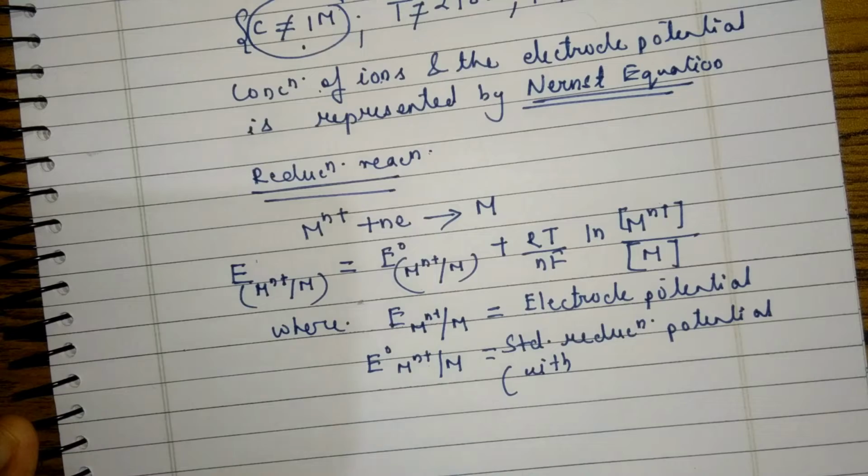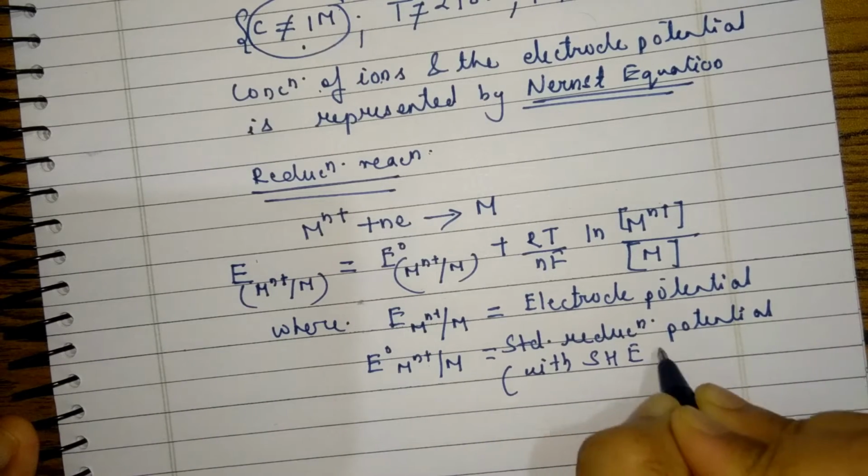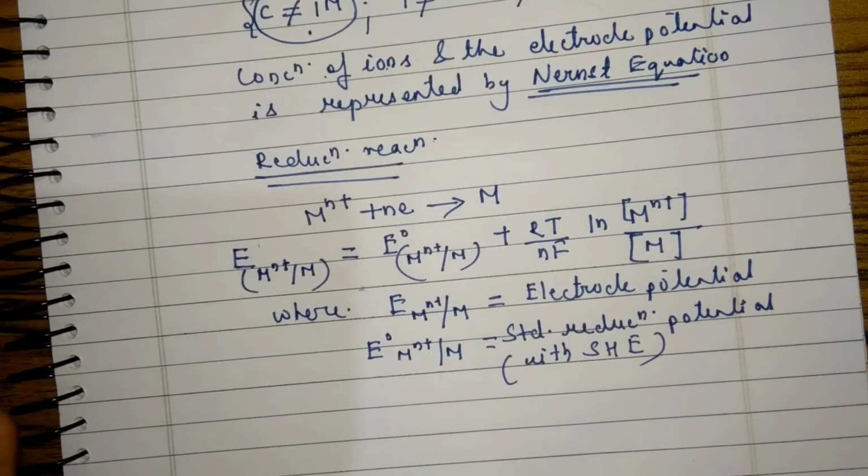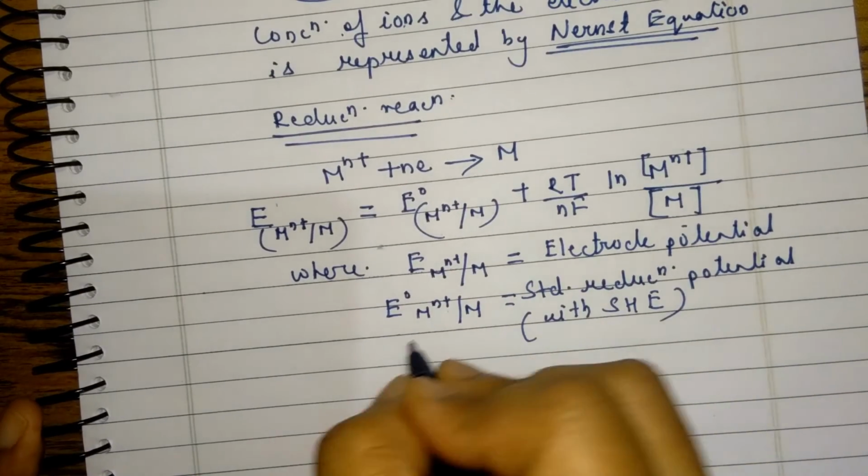We have already learned how to calculate the standard reduction potential in the electrochemical series, with respect to the standard hydrogen electrode.